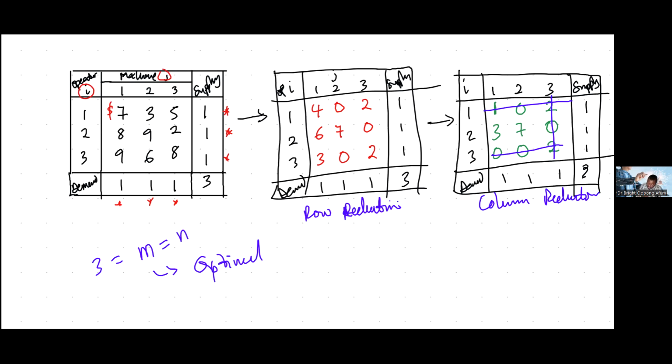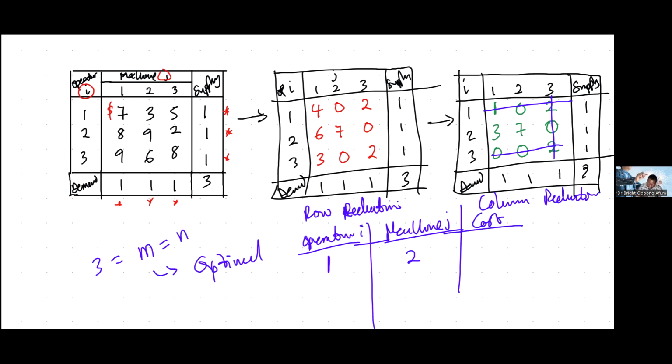So let's say I have operator and I have machine: operator I, machine J. I have operator 1, and I'm assigning it to machine 2. And what is the cost? Operator 1, machine 2.